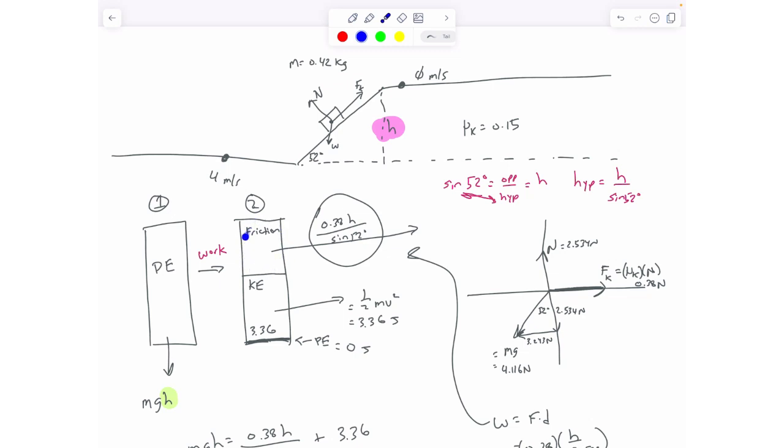This was non-conservative, so we did lose some energy due to friction. So this is the energy we started out with. Think of this as a battery. This is our battery, and we lost some percentage of our battery due to friction, and the rest of the battery went to kinetic energy. So this energy equals this plus this.